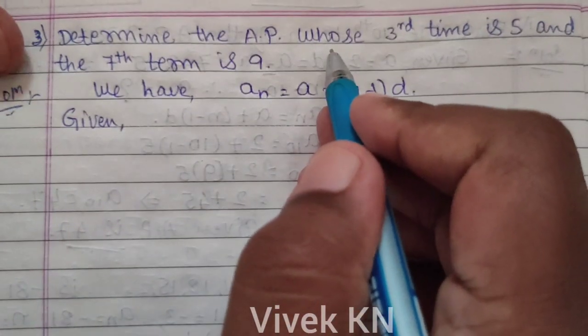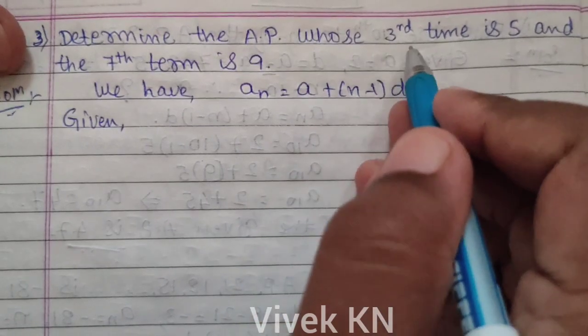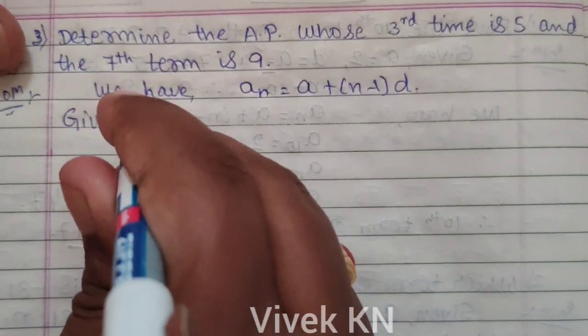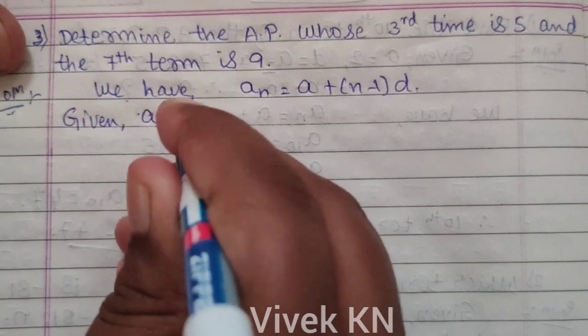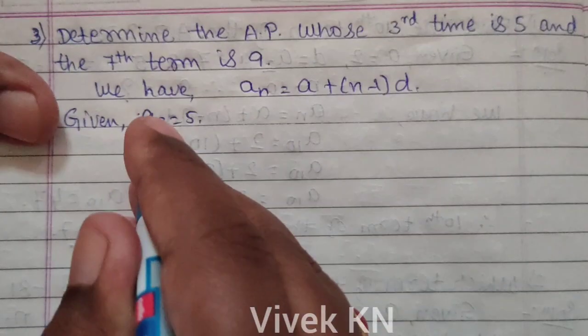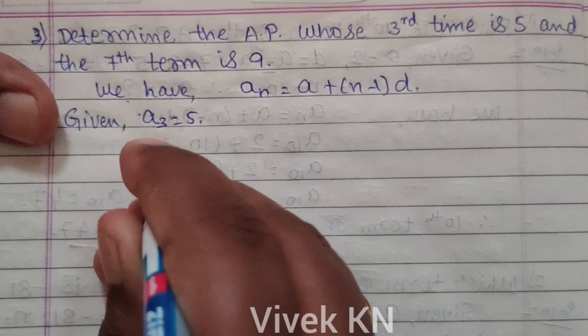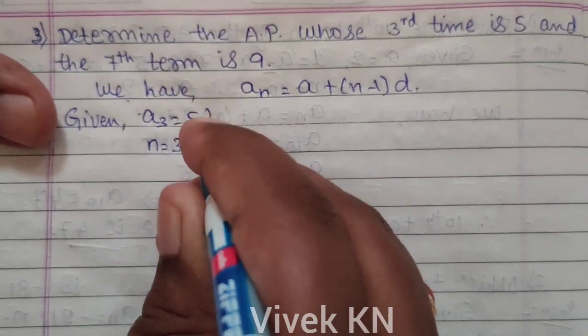Given here, they already given in the question itself, third term is 5, that is a3 is equal to 5. a3 is nothing but n is equal to 3.